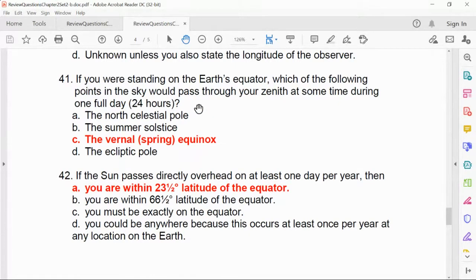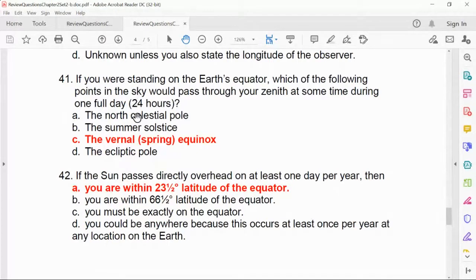Remember, we said that if you are at the equator, the sun will pass at the zenith at noontime on the first day of spring or the first day of autumn. So they make it general, 24 hours. The vernal equinox, and vernal is another name for spring.